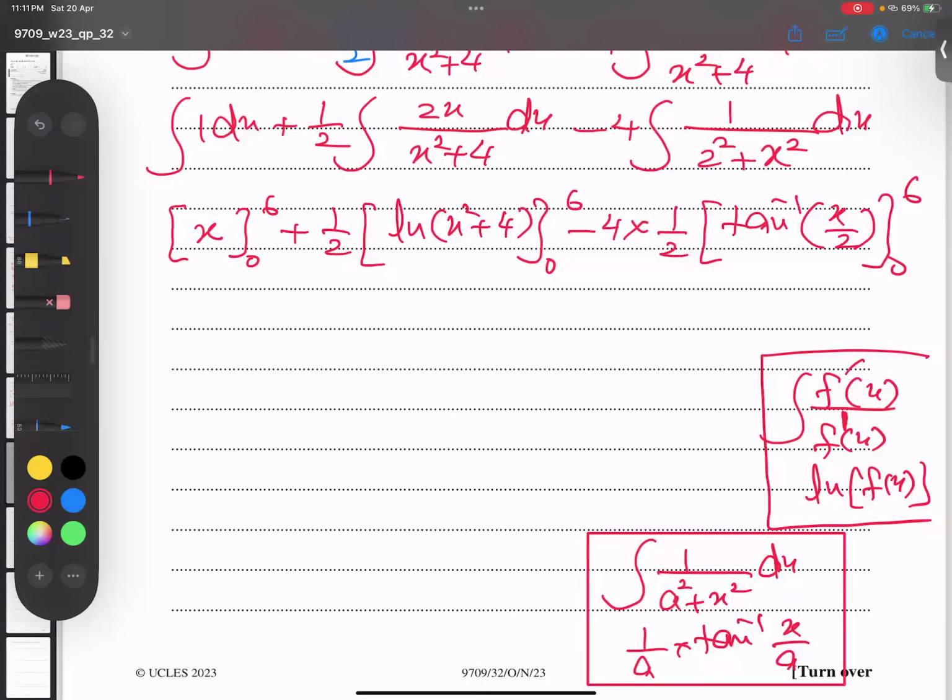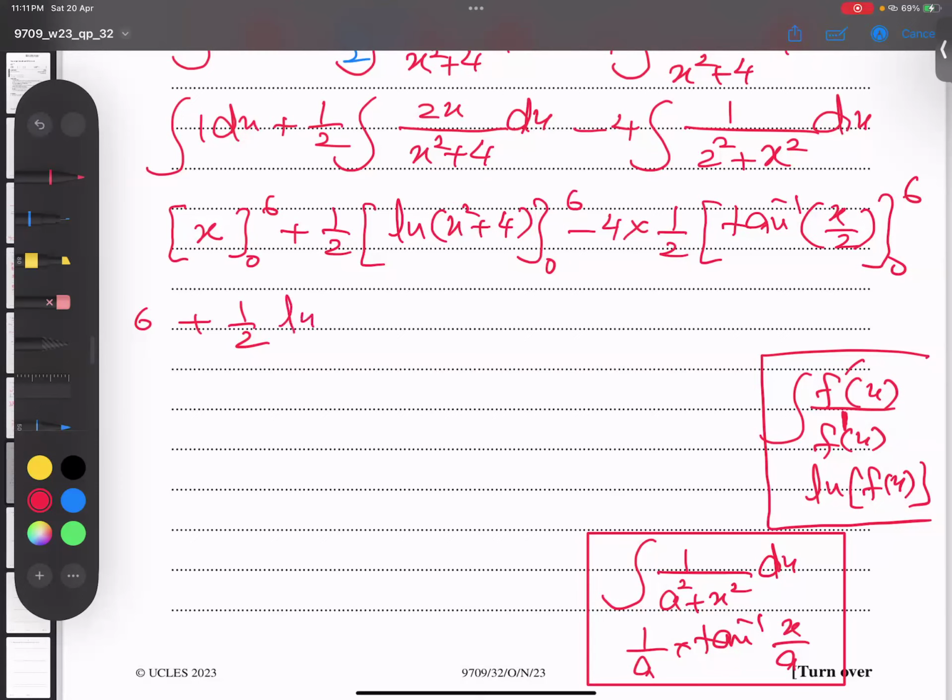Now, student, I'm applying the limits. So first I plug in 6 minus 0. Or I'll just write 6 only, save my time. So when I plug in 6, what I get, student, when I type this in the calculator, 6 squared, 36 plus 4, 40.